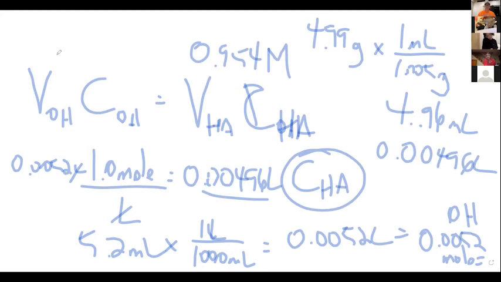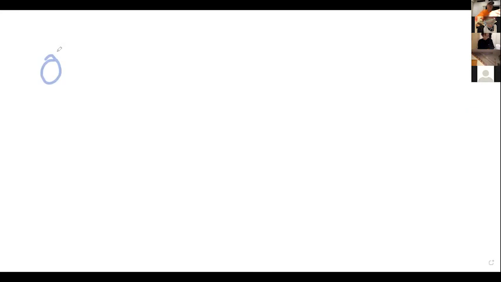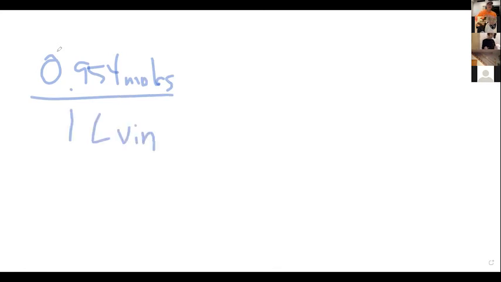Basically, it's 0.00496 divided by 0.0052. So this is my molarity of acetic acid, 0.954. That means I have 0.954 moles of acetic acid in 1 liter of vinegar, right? That's the meaning of molarity: moles over liters.